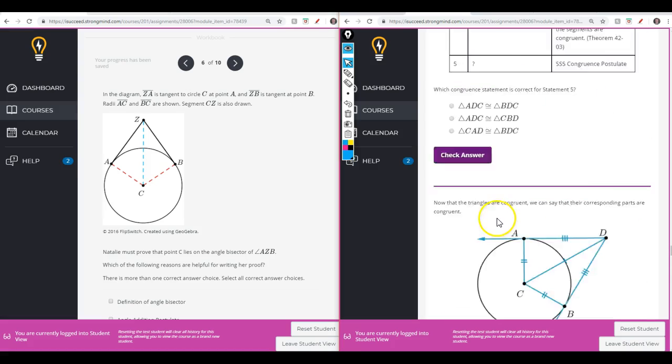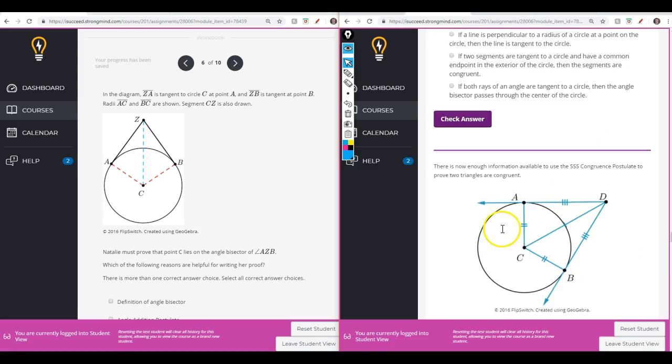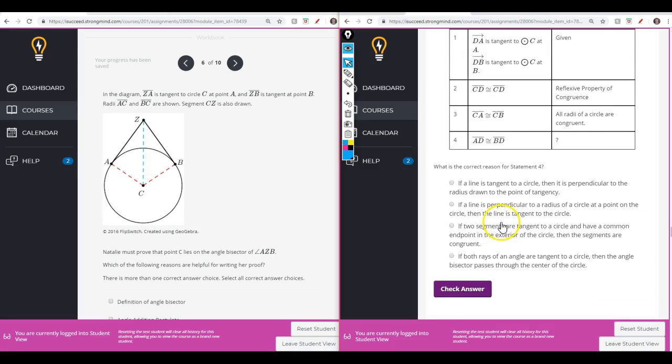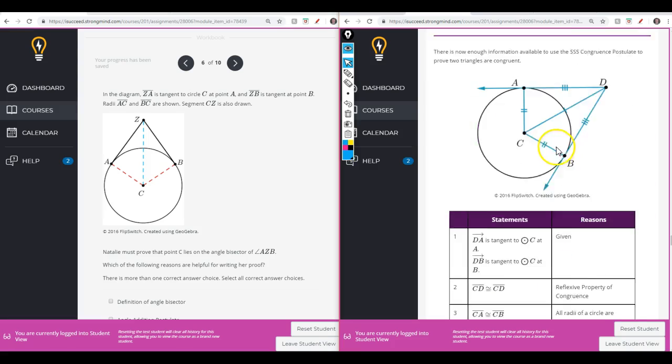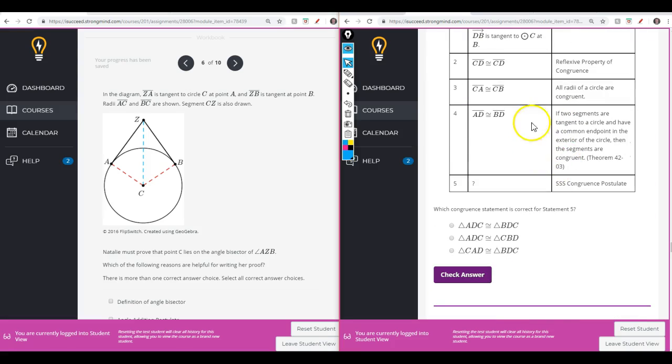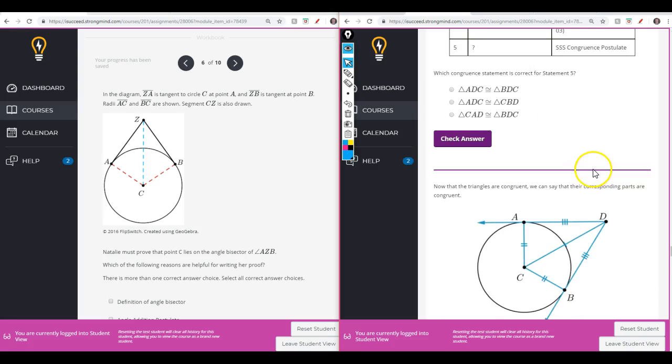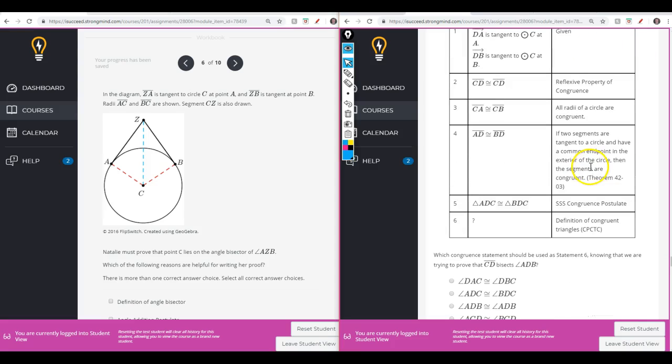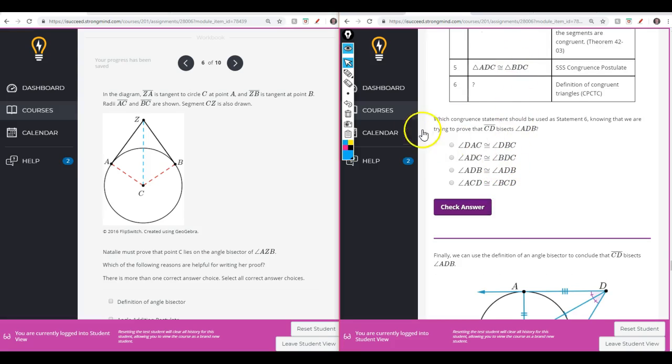I'm not sure if you've noticed this, but I want to show you something. Reason 4 is blank in this, and if you scroll down, it has the reason filled in. So that's kind of an observation. If you expand or click the show all button, it does show you the statements or reasons in the entire proof as you go through.